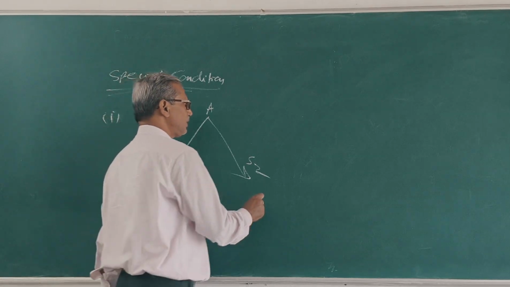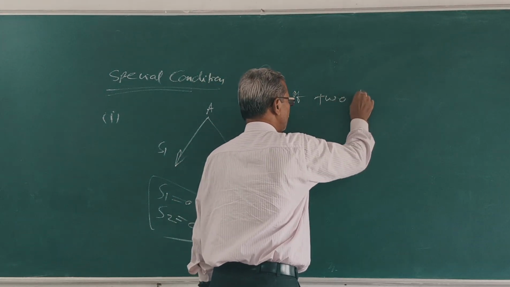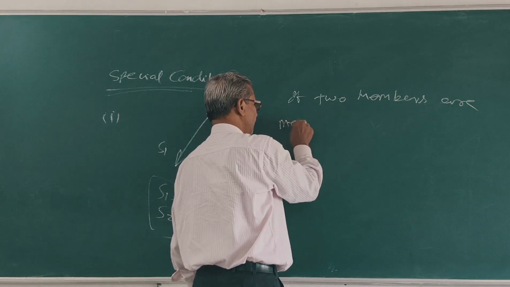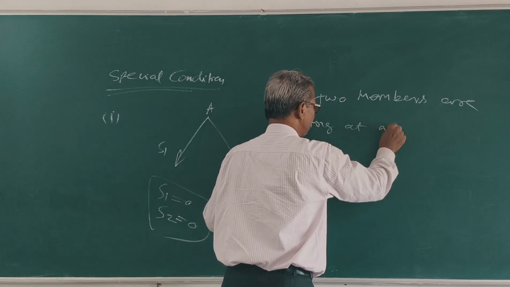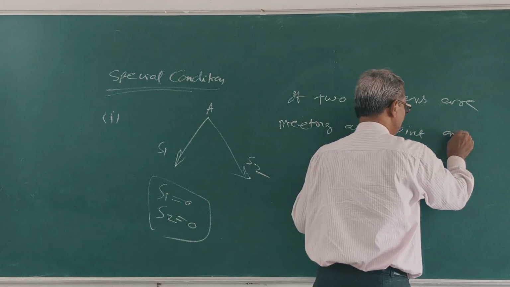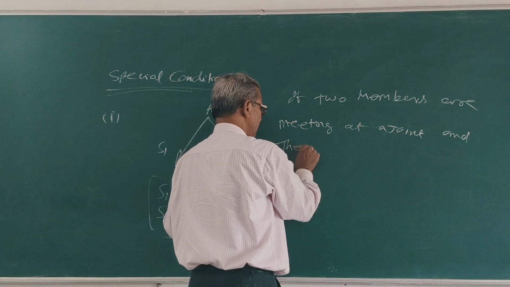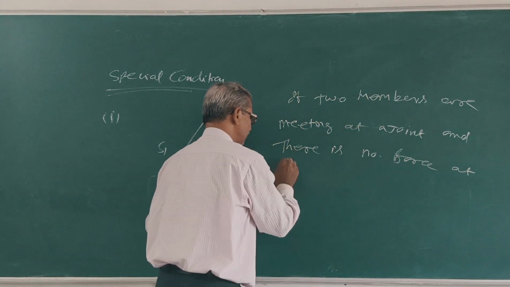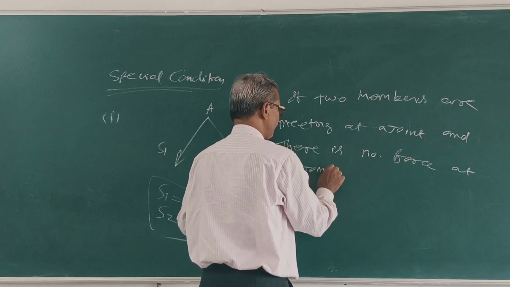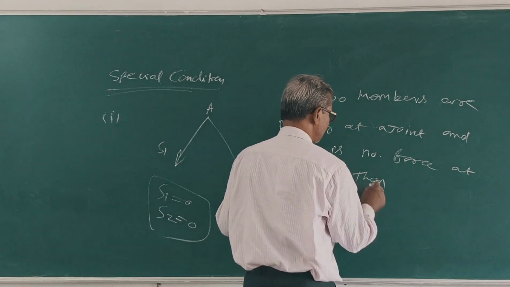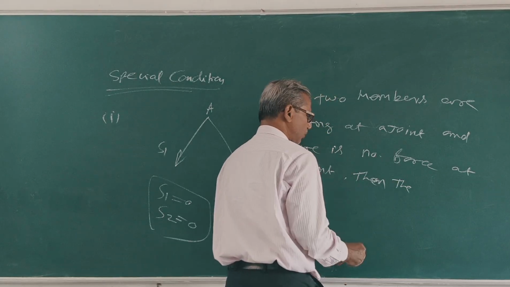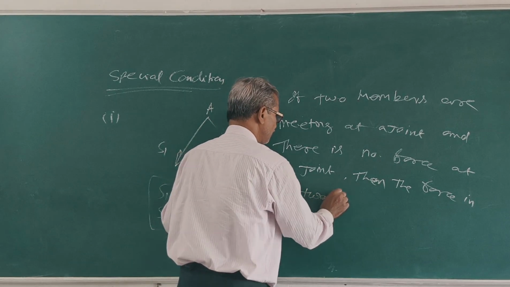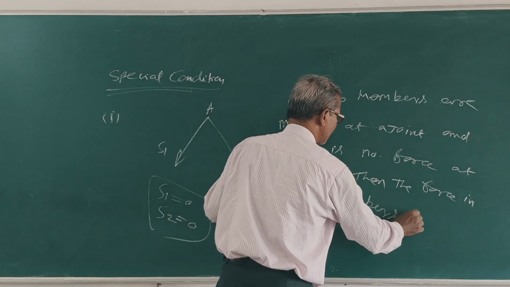If two members are meeting at a joint and there is no force at the joint, then the forces in the two members are 0.